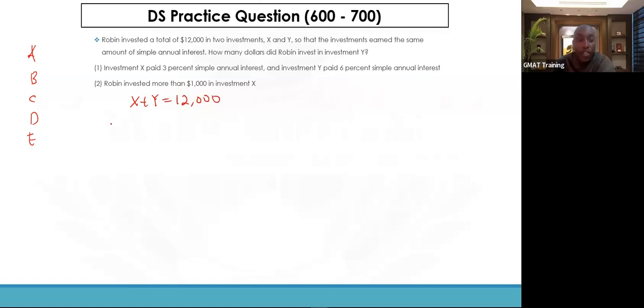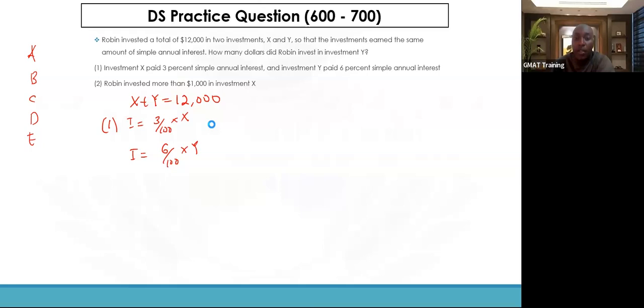We also know from statement 1, investment X paid 3% simple annual interest, which means for investment X, the interest equals 3 over 100 times X. For investment Y, it equals 6 over 100 times the value of Y.